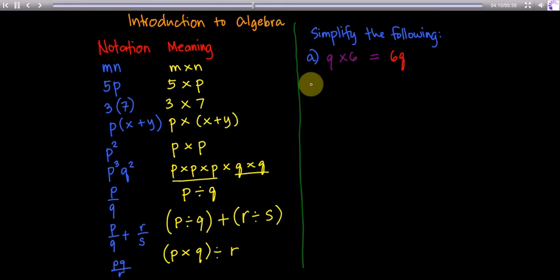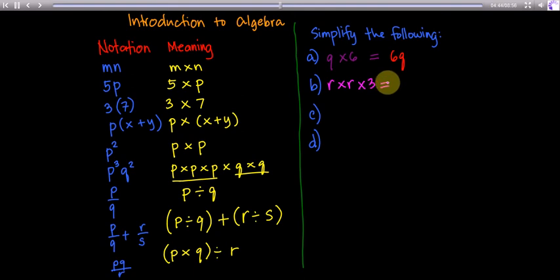Alright, let's have another one. This is letter B. Let's have letter C, letter D. I'll give you 4 examples for this. Okay, letter B. Let's say r times 3.